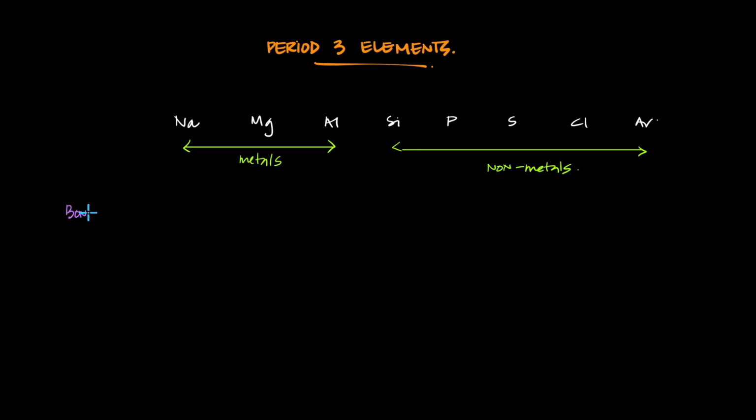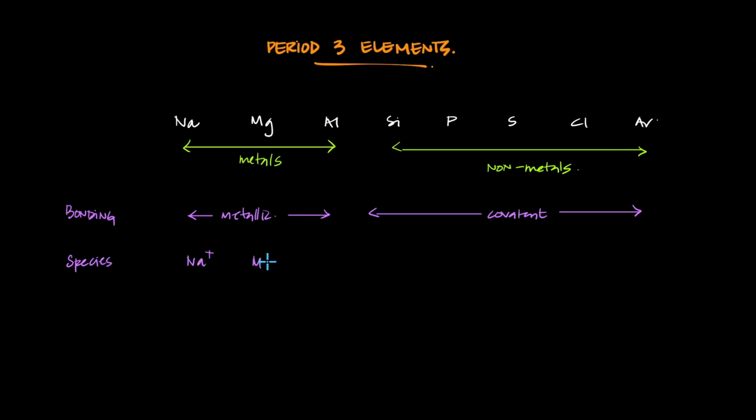When we talk about bonding, for metals the bonding is metallic, and for non-metals the bonding is covalent in their molecules. Now you might say, how? Well, what is the species in the bonding? In metallic bonding, the species is cations in a sea of electrons.